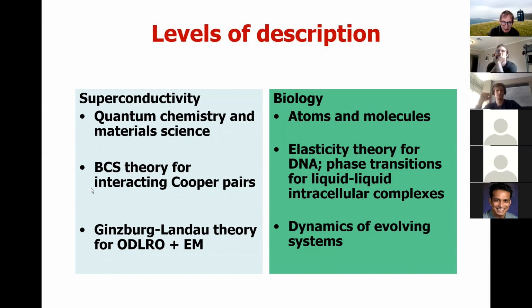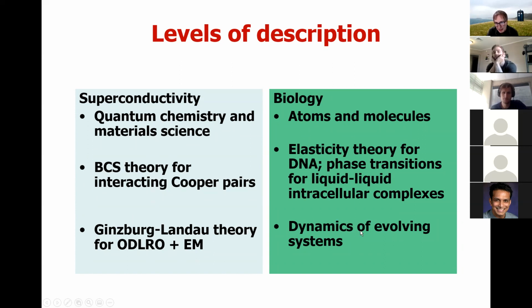At the next level is something we're going to talk about a lot, the BCS theory for interacting Cooper pairs: electrons that normally repel each other, but in a superconductor they attract each other through the exchange of virtual phonons, and they form these composite bosons called Cooper pairs, which then interact, Bose-Einstein condense, and form a superconductor. And then we'll talk later about Ginzburg-Landau theory and the idea of off-diagonal long-range order coupled to electromagnetism. So those are three different levels of description of a superconductor.